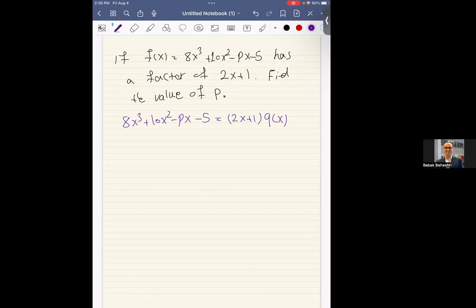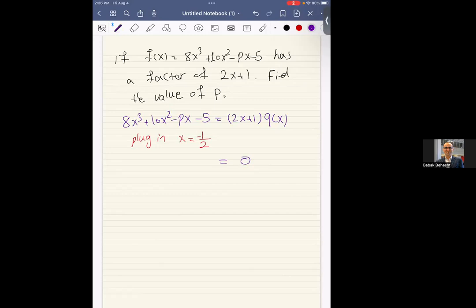Look, when x is equal to minus 1/2, the right-hand side is 0, right? So just plug in. That's the point. So the right-hand side would be 0. Now let's evaluate the left-hand side when x is minus 1/2.